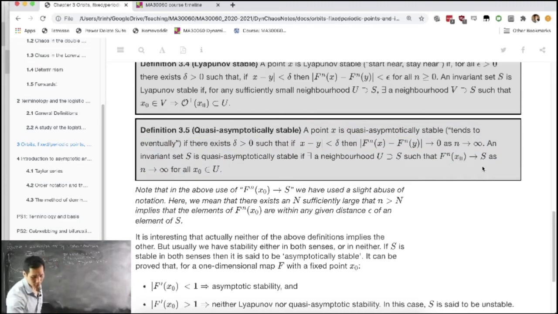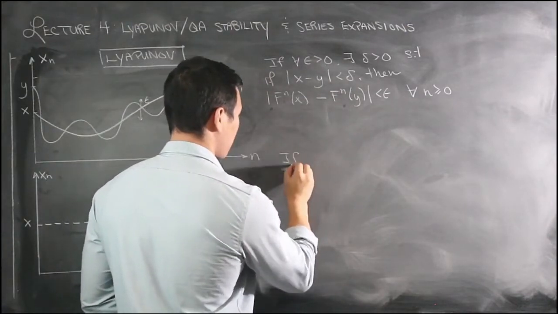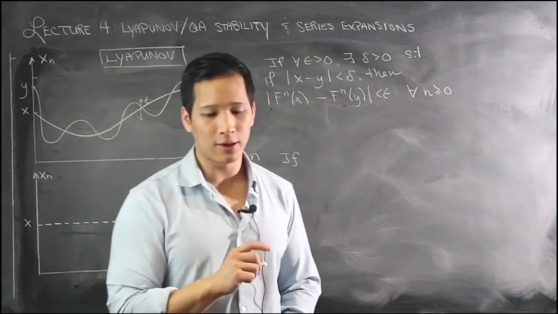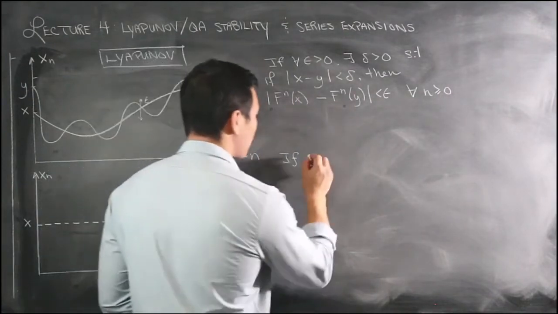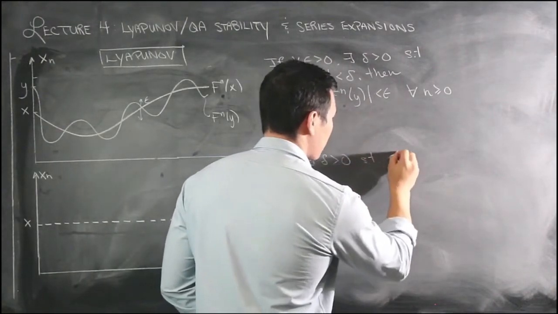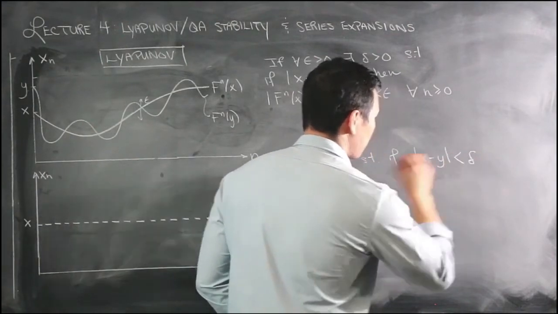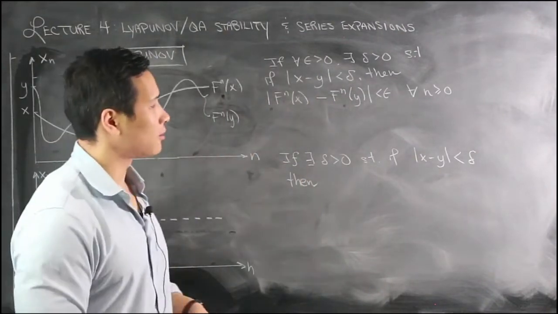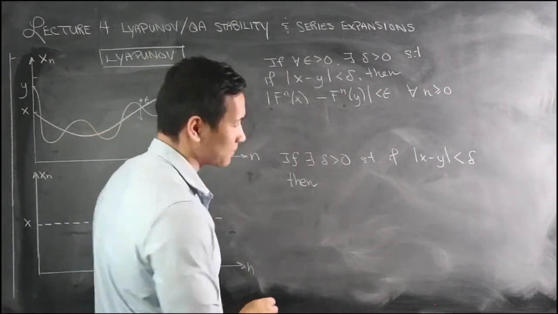It says that a point x is quasi-asymptotically stable if there exists a delta greater than 0 such that if the distance between x and y is less than delta, then what you need is the distance between the images to eventually tend to 0 for sufficiently large n.